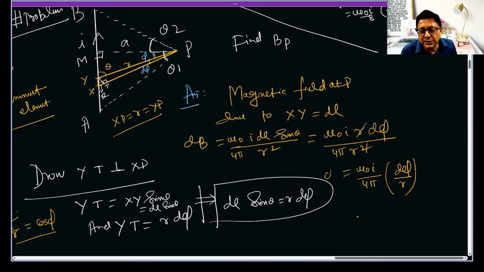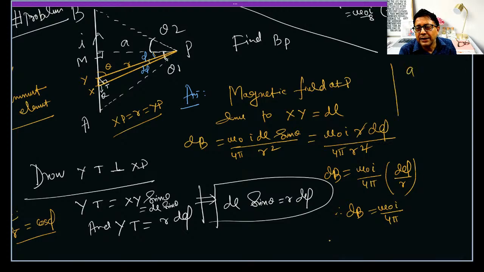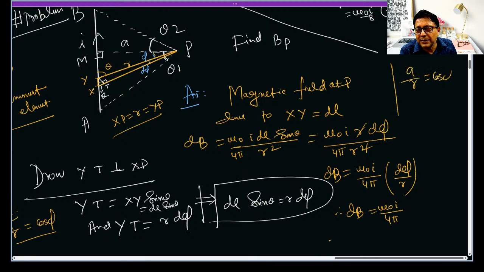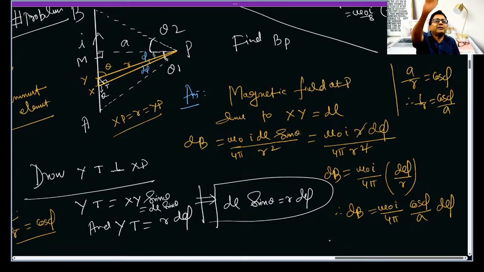We are writing the expression for dB. dB is mu 0 I by 4 pi, 1 by r. What can you write from here? See, I am writing again: a by r is cos phi. So 1 by r is what? Cos phi by a. So put cos phi by a, and d phi is there. Clear? You all understand?